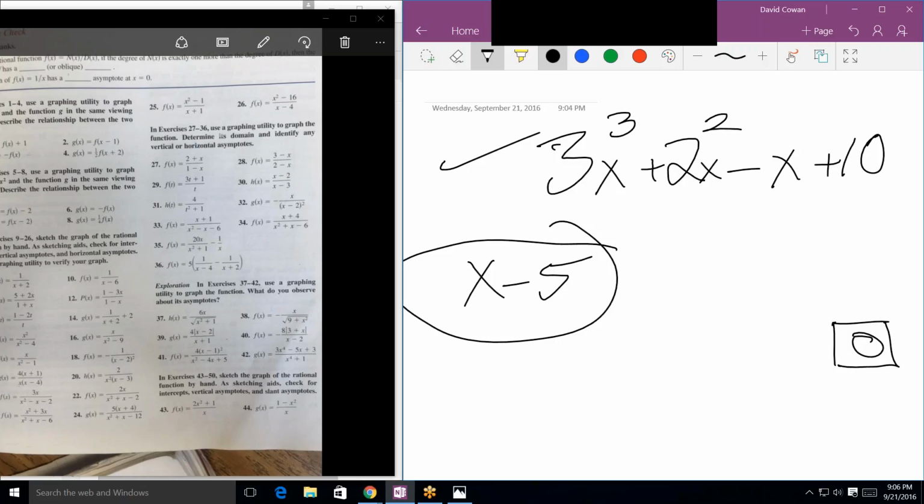That's how you can tell whether it's a factor or not, by dividing it. Whether you do it synthetically or by longhand doesn't matter, but synthetic is the easiest way to do it. And you either produce that 0 or you don't, and that tells you whether it's a factor or not.